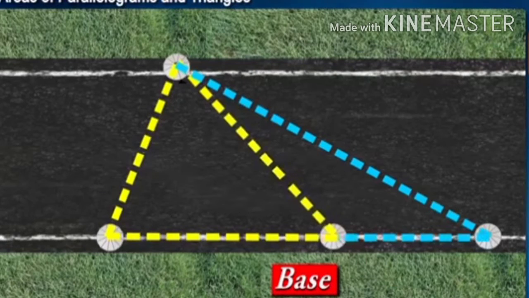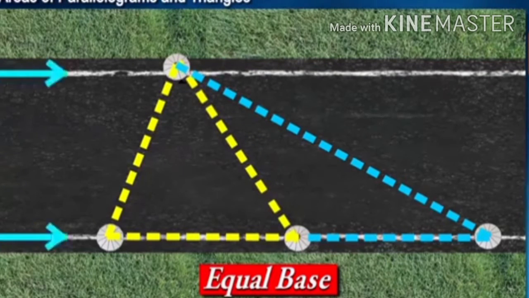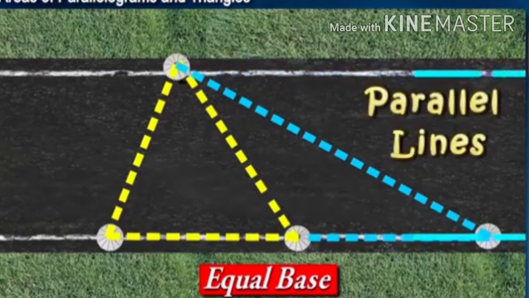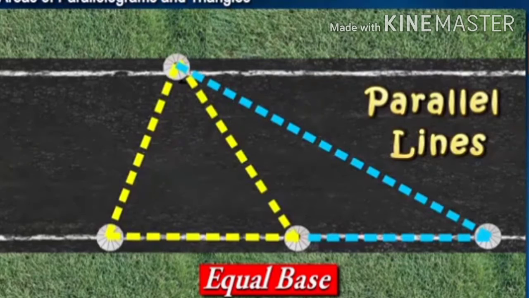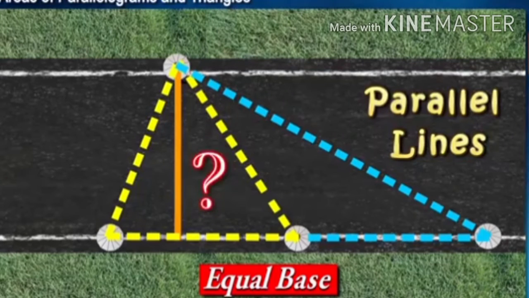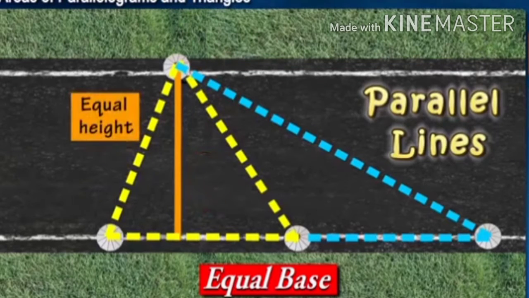Here we spoke about the bases, but suppose the bases were equal and the triangles are still between the same parallel lines with equal areas. So now, what can you say about the height of these triangles? I have already given you a hint. The height of both the triangles will be the same. So what does this imply?